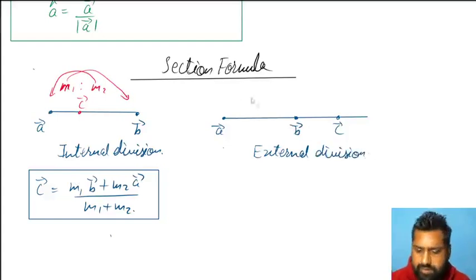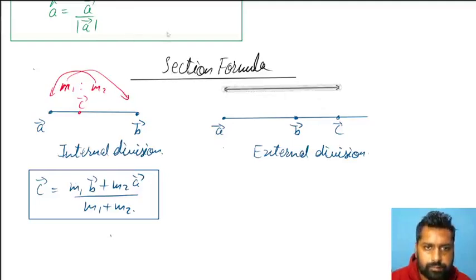So this time, this much length, so this length, let's say this length ratio is M1 and this length ratio is M2.